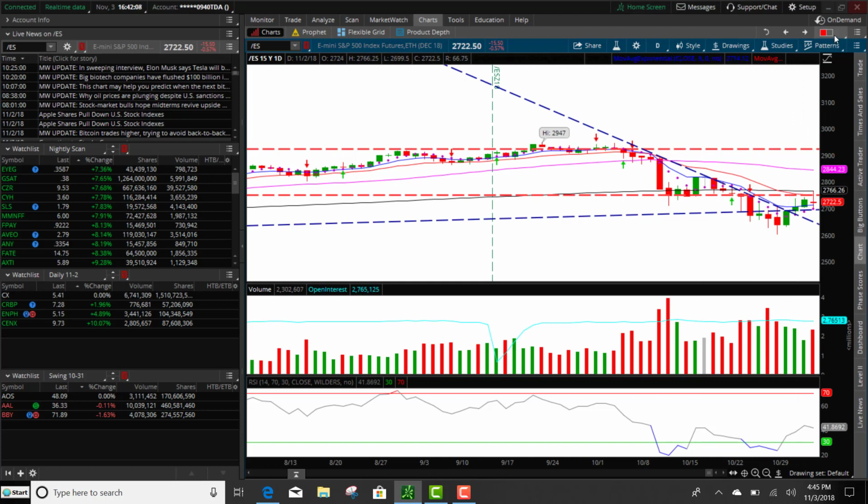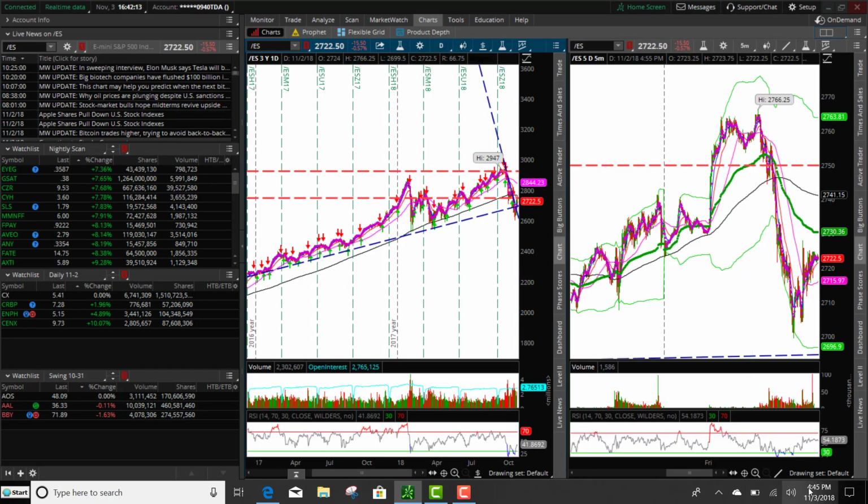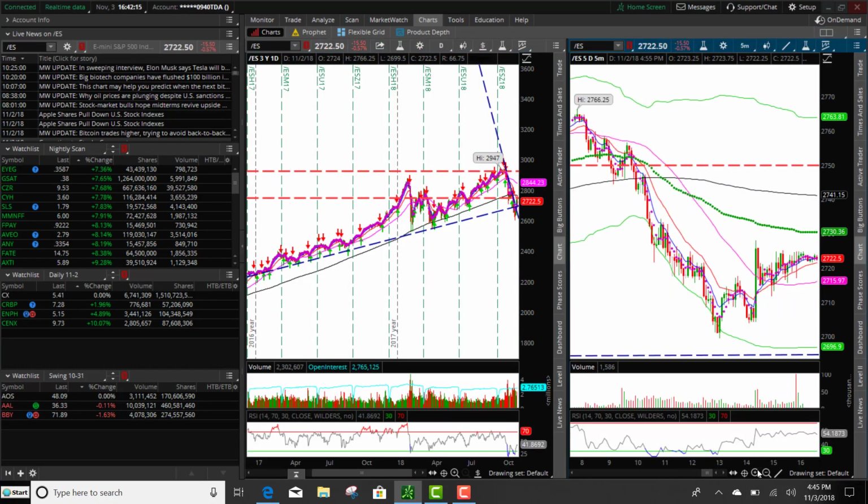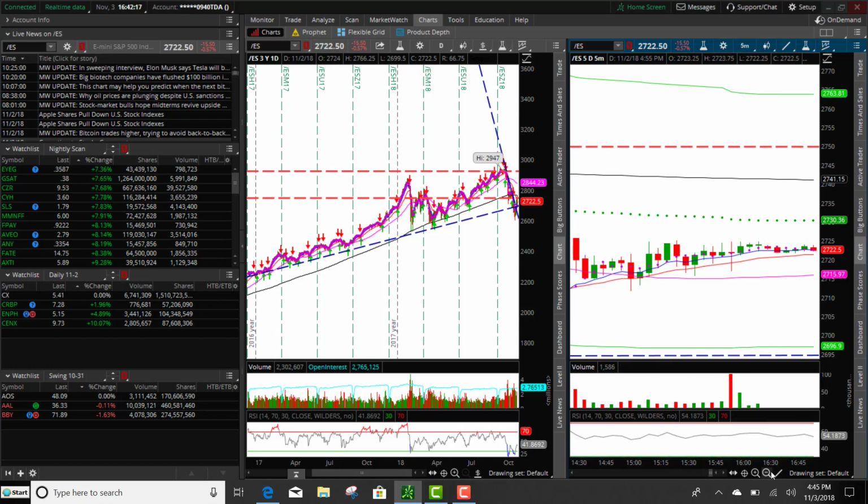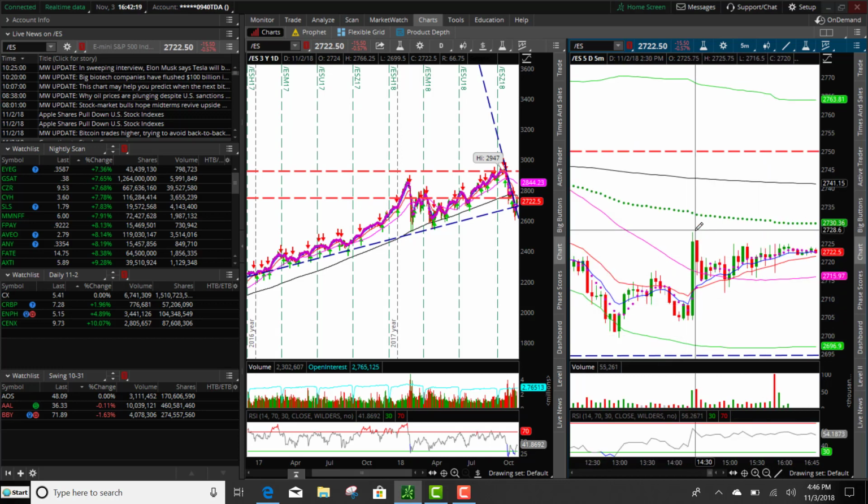Let me see if I can show you guys that. So you can see, whoa, it went from green to red, and it went down a little bit. Then it went from red to green. It's when a stock goes from being up on the day to being down on the day, or vice versa. And we're also going to talk about risk and reward.